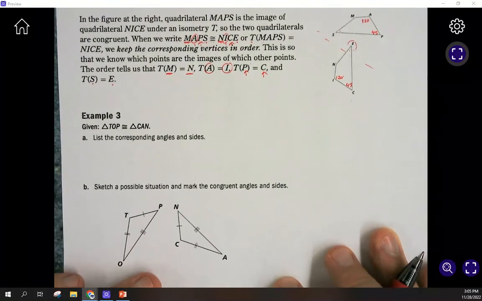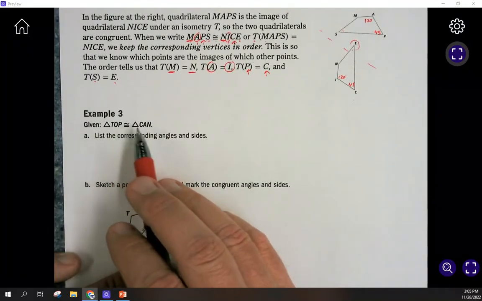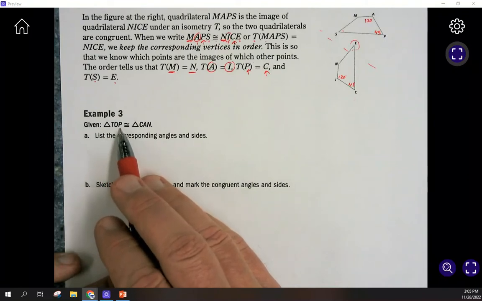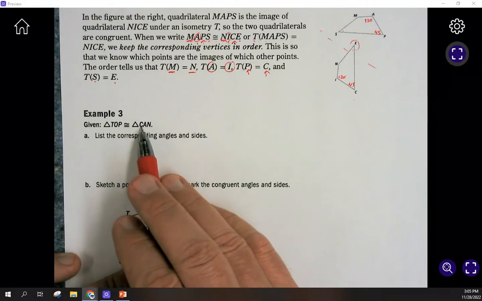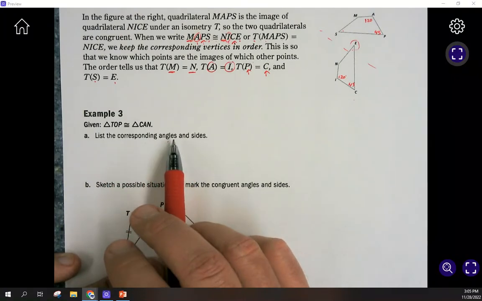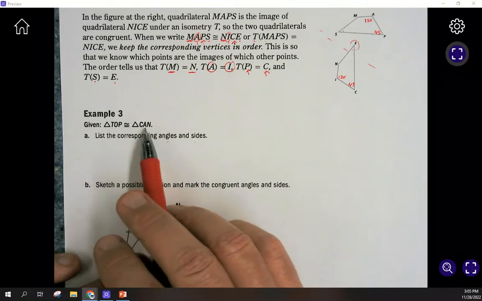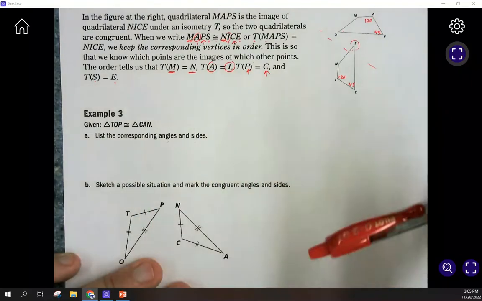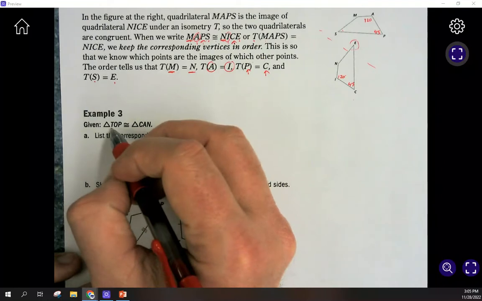So let's kind of practice with that, if that was a little too much at once. So given this, no picture, given that triangle TOP is congruent to triangle CAN, just by the way the letters are written, I can go ahead and list the corresponding angles and sides. So the angles that are going to be congruent here, if these two triangles are congruent or the same size, it's the image of the other one, the angles that are going to be equal are going to be in the same position.